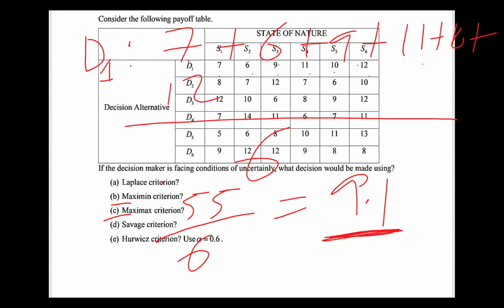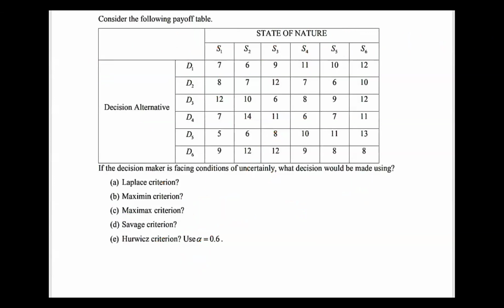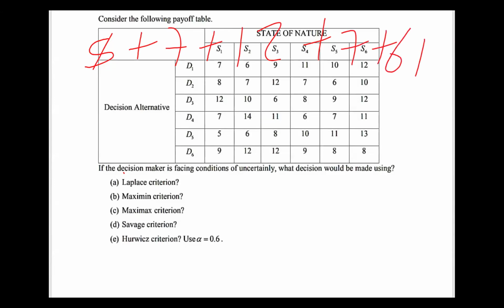And then from there, you go to the second decision, which will add 8 plus 7, plus 12, plus 7, plus 6, plus 10, and divide by 6. So 8, 7, 12, 7, 6, and 10 to be divided by 6.